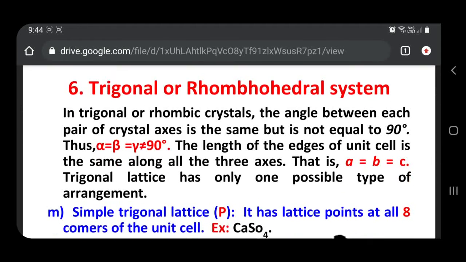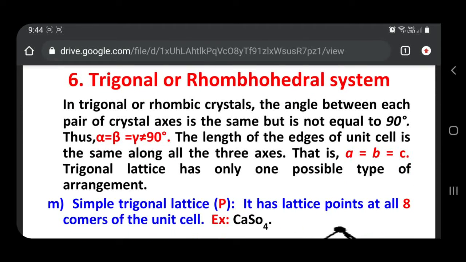The sixth crystal system, which is known as trigonal or rhombohedral, even sometimes it is simply called rhombic. So in this crystal, all the three lengths of unit cell, they are equal and equally inclined to each other at an angle but other than 90 degree.